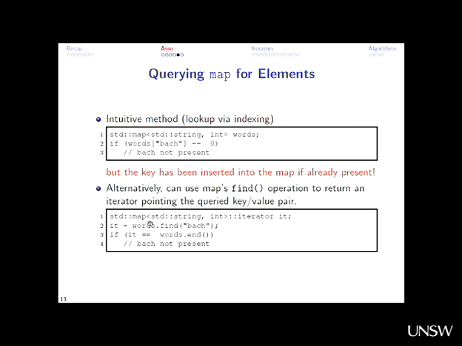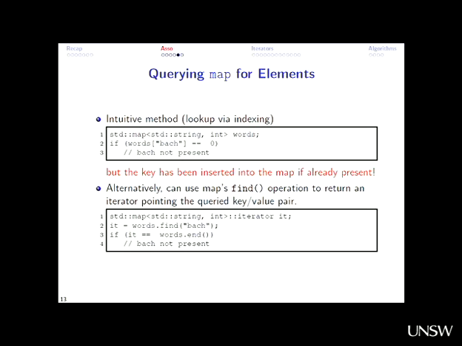Iterator is equal to words, so words being our map container, dot find, and then it's finding on the key. Not on the value, it's finding on the key, okay? And then if the iterator is equal to the end iterator on that container, that's not found. If it's not equal to words.end, then it is found in that container.